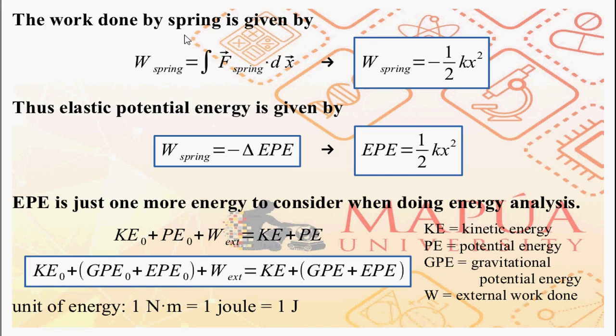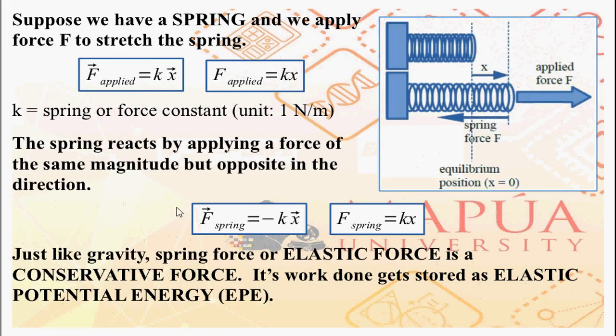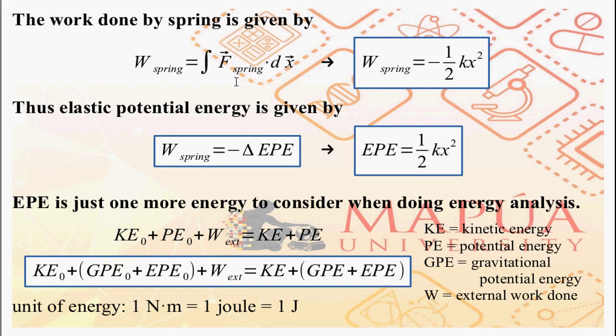The work done by a spring is equal to integral of F spring dotted with dx. Since F spring is equal to negative Kx dotted with dx, get the integral, that will give you negative 1/2 Kx squared.